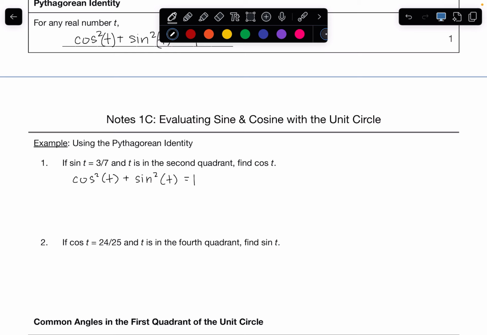I have sine. So I'm going to plug sine into that formula. And you'll notice in the formula, it's being squared. So I'm not going to plug in 3 over 7. What am I going to plug in? Yeah, 3 squared over 7 squared, which is 9 over 49. I think I can do math in my head.